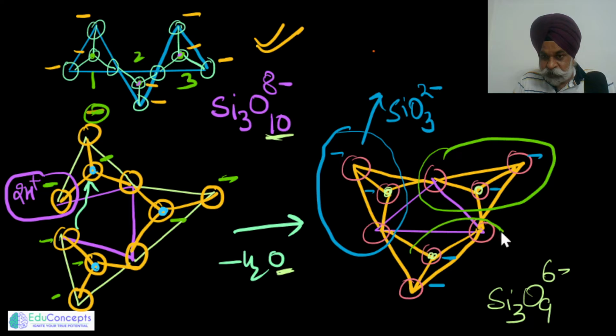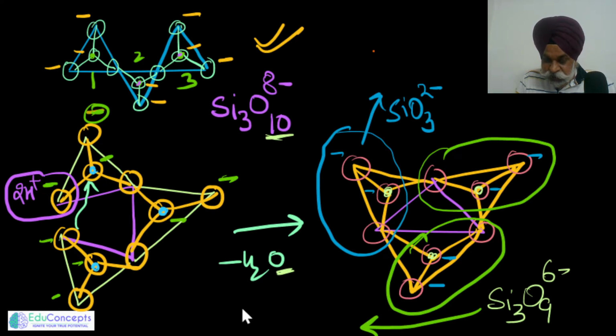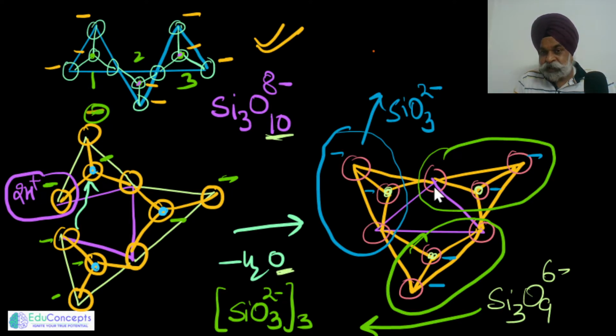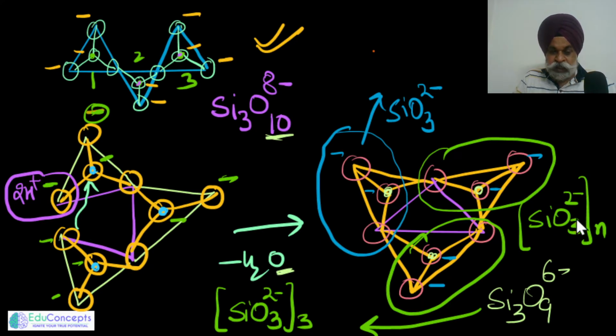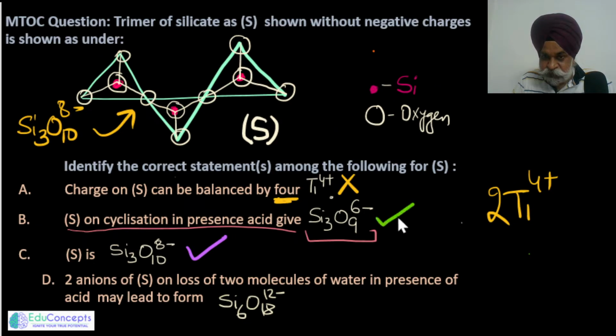Just feel it with me. So basically, you would also see, they may say it like this, that this would contain SiO3 2 negative, and such units are how many? 3. Or I would say that on cyclization, it happens to give me a polymerized form of this entity. Is it okay? This got repeated again and again. So as a matter of fact, Si3O9 6 negative can be generated. So what had been the option? Yes, it is perfectly right.